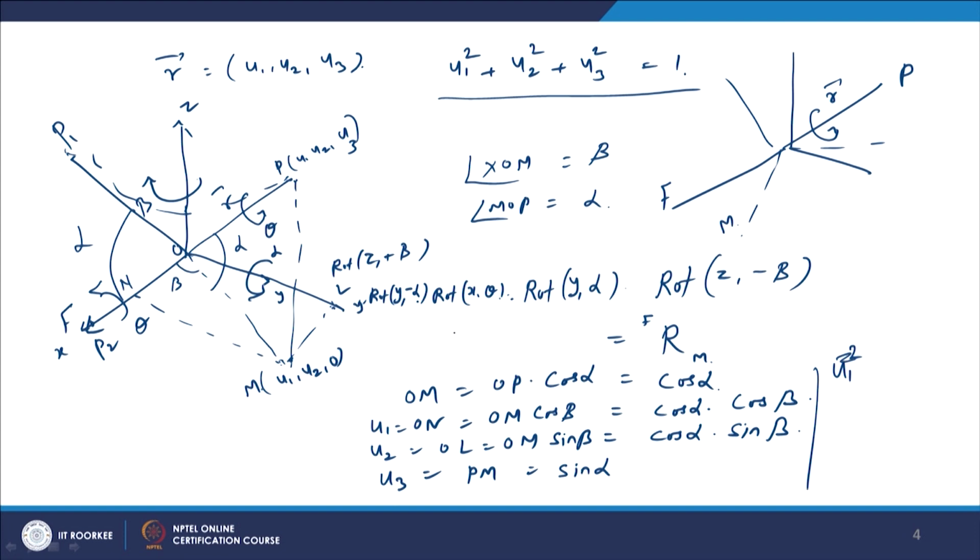So, in this product we will get for example, in this matrix we will get cos beta sin beta terms in the 3 by 3 matrix, and in this expression we will get cos alpha, sin alpha etc. So, when the product of all the 5 matrices comes, we will be able to get these products cos alpha, cos beta, sin alpha, sin beta etc. So, all of them can be written in terms of U1, U2, U3 along with this relation.